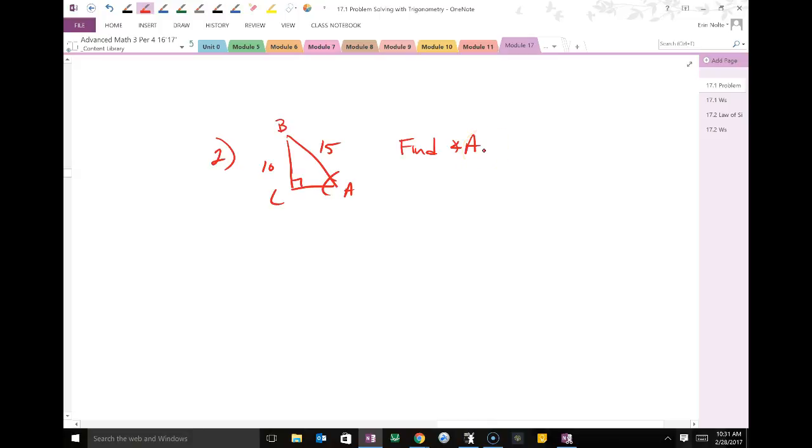Which sides do I have? Just two sides: opposite and hypotenuse. So the trig ratio is sine. The sine of angle A is equal to 10 over 15. How do I solve for A?